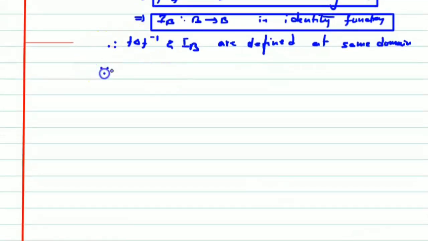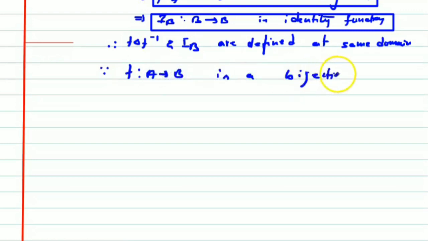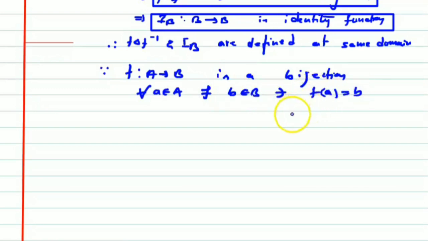Since F maps A to B is a bijection, for each a belongs to A, there exists b belongs to B such that F of a is equal to b, which implies that the F inverse of b is equal to a.